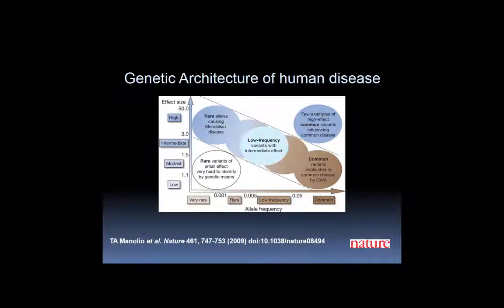And then on the other side, at the top, maybe not really as high as that, ApoE is a pretty strong effect, as you guys know. So ApoE would be here. High effect common variants. And actually, there are not that many in the population. Macular degeneration has a similarly strong genetic risk factor, but most other disease traits do not have variants that fall in this group.